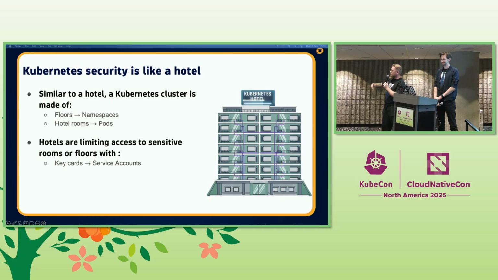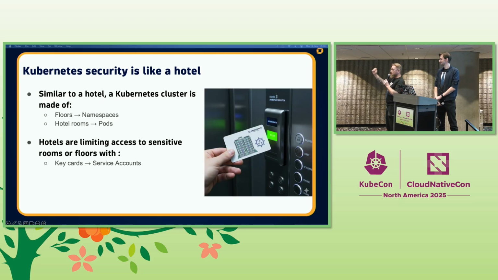Then with your card, you have access to the entire floor, which is a namespace. The key card in a hotel gives you access to only your floor and to certain services of the hotel, maybe the gym, the laundry, or whatever you have in your hotel. So this is a bit like a service account, giving you certain access in the cluster.